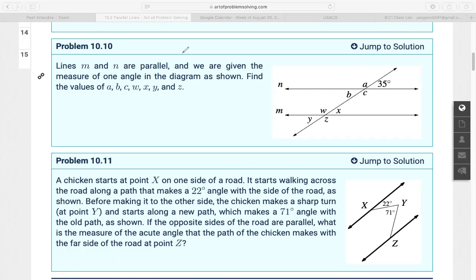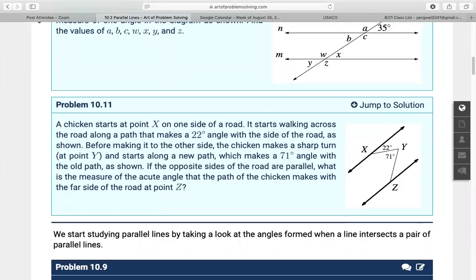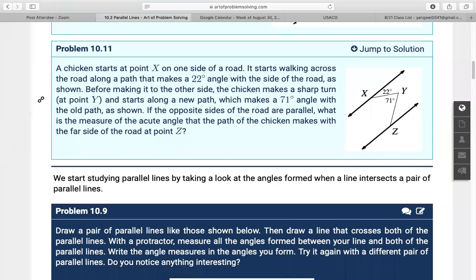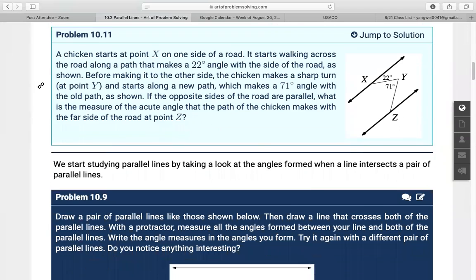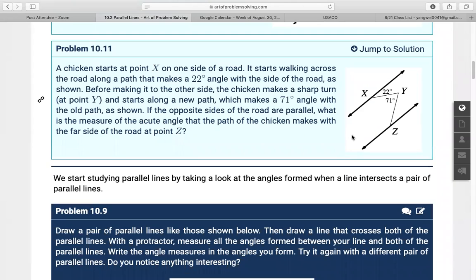Okay. Now let's go to the next problem. This one says a chicken starts at a point X on one side of the road, and it starts walking across the road along a path that makes a 22-degree angle with the side of the road, as shown in this picture.